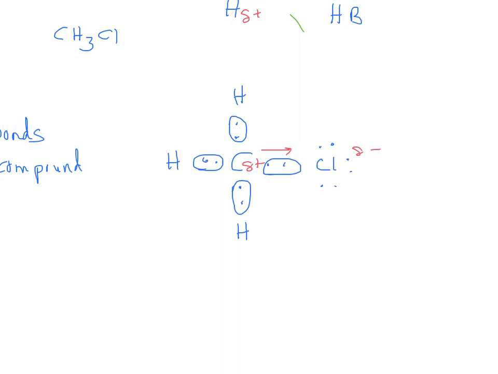Here's the diagram for CH3Cl. Chlorine and carbon have a significant electronegativity difference, giving us a polar bond. This is also a polar compound.